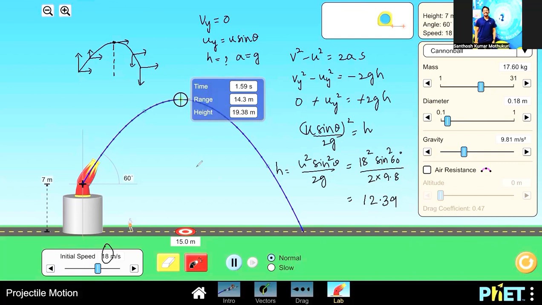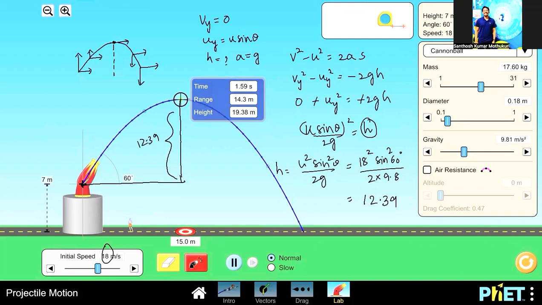12.39 is, this is basically not the height, this is the vertical displacement. So the vertical displacement from here to here, that means where I have projected the body from here, it's not from zero. So from here to here, I found the vertical displacement as 12.39.